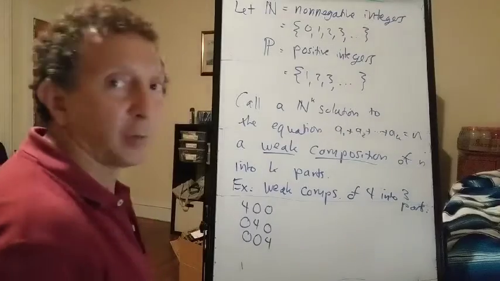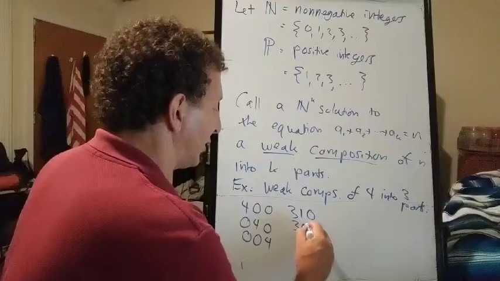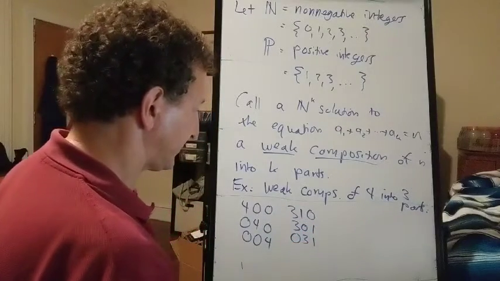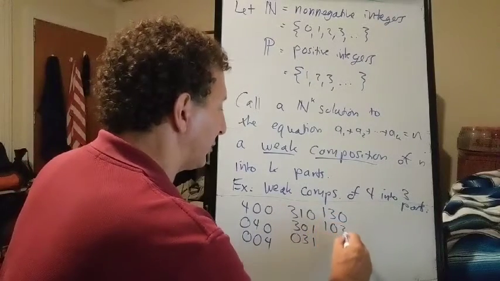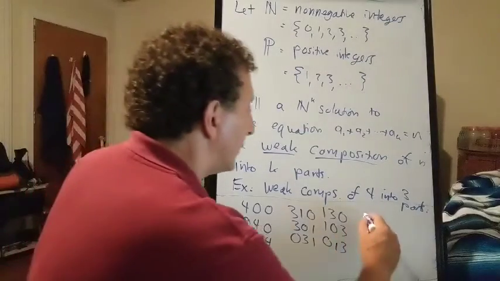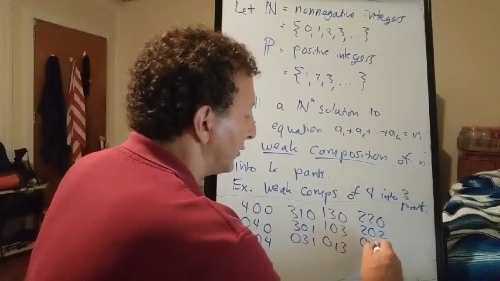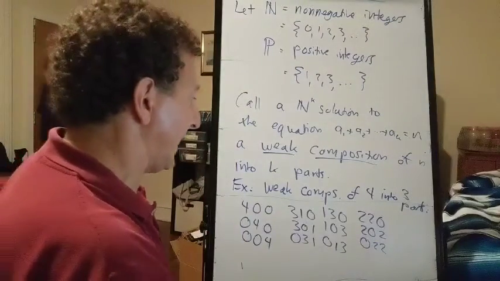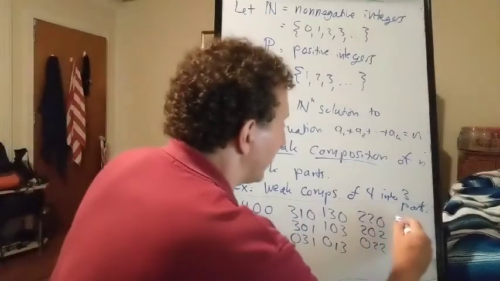Or we could use 3's, 1's, and 0's. 3 plus 1 plus 0, 3 plus 0 plus 1, 0 plus 3 plus 1, 1 plus 3 plus 0, 1 plus 0 plus 3, 0 plus 1 plus 3. 2 plus 2 plus 0, 2 plus 0 plus 2, 0 plus 2 plus 2, and I guess we could also write 4 as 2 plus 1 plus 1.